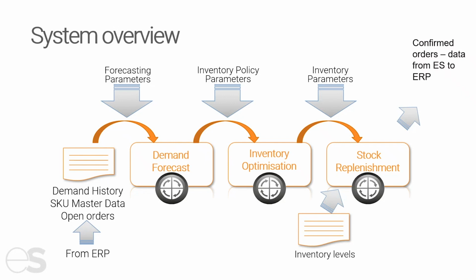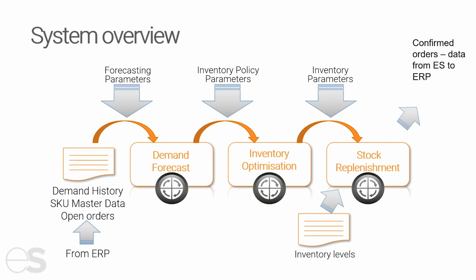EazyStock will connect to your business system, and it will then take a daily feed of data, which will include your demand or sales history, your item SKU master data, and what orders are open in your system. It will then carry out automated demand forecasting calculations.